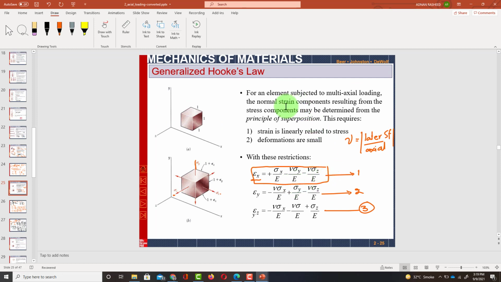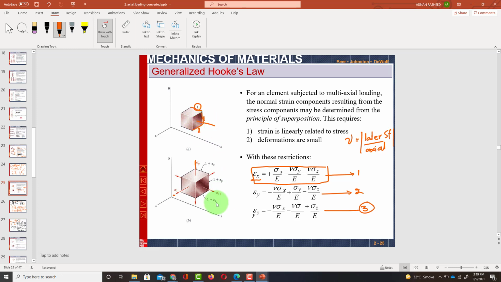Okay. Now we will see that let we have a cube, having each dimension as unit. In x, in y direction it is unit, and in z direction it is unit.